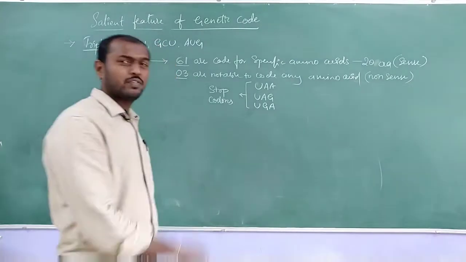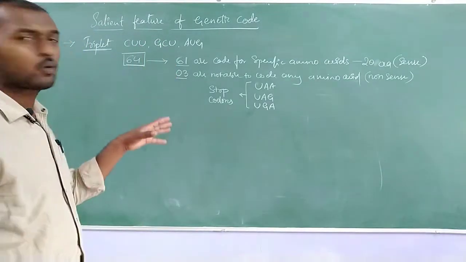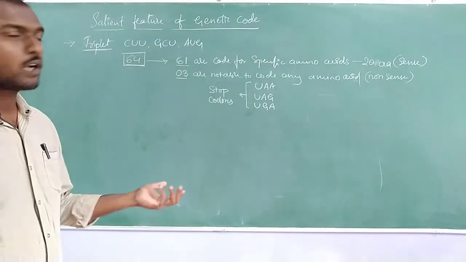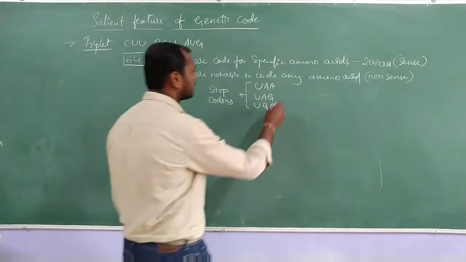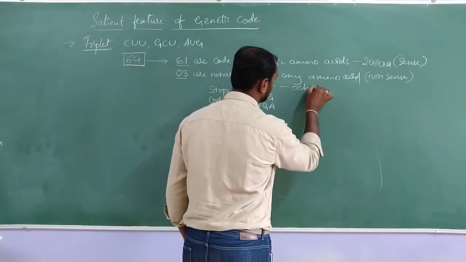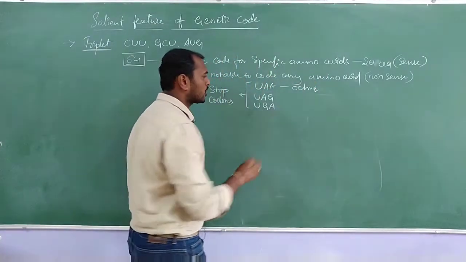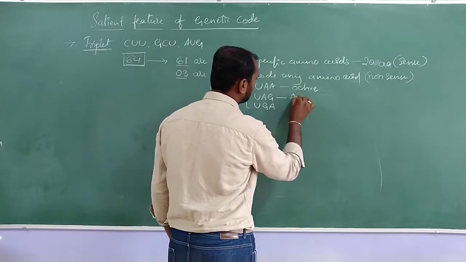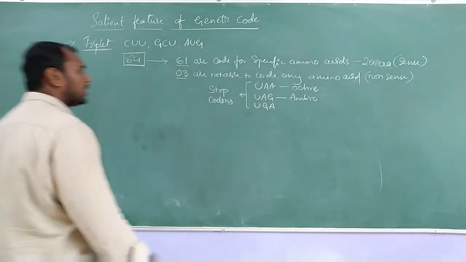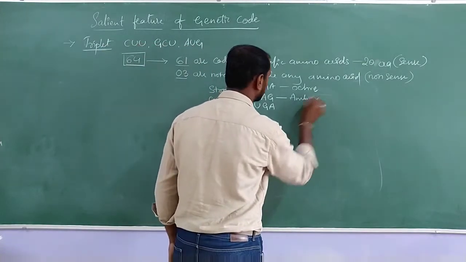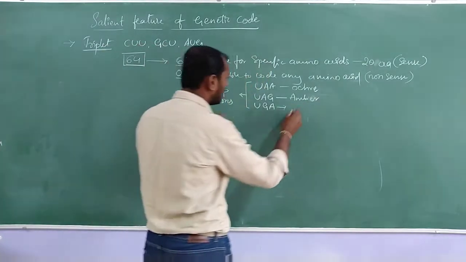And they have specific names. Specific names kuda kottidare, so ಕೆಲವೊಂದು ಸರಿ ನೀಟಲ್ಲಿ ಕೇಳಬಹುದು. Those specific names are: UAA na Ochre ಅಂತ ಹೇಳ್ತಾರೆ, UAG na Amber, and UGA is called Opal.